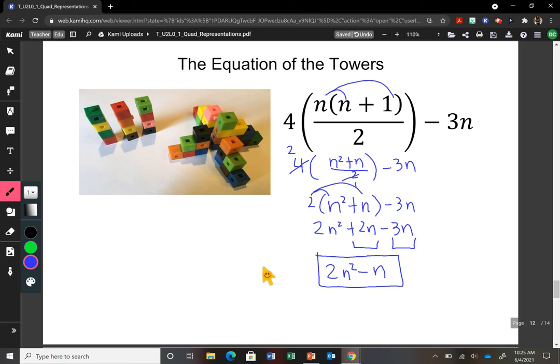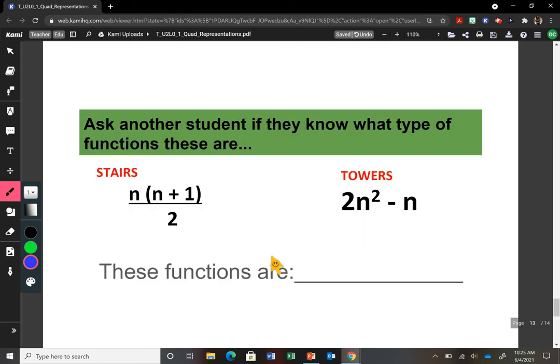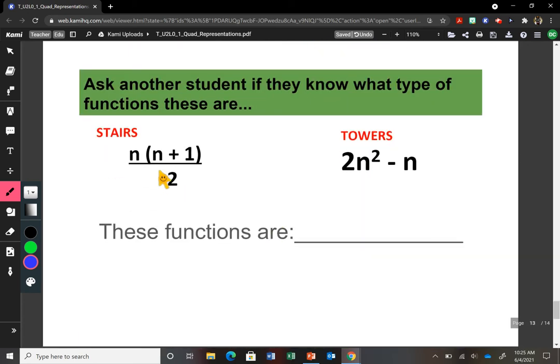Okay, so I'm going to look at the next one here. So this is the equation for the stairs, this is the equation for the towers. Now I can simplify this also. I can distribute my n here. So I have n squared plus n over 2. I can also rewrite this as, let's say, 1/2 n squared plus n.